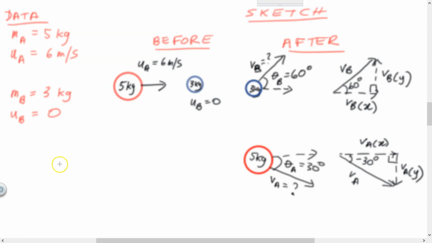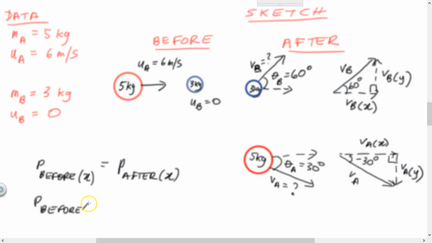In short form, we can say that the momentum before in the x direction is equal to the momentum after in the x direction, and that the momentum before in the y direction equals the momentum after in the y direction.